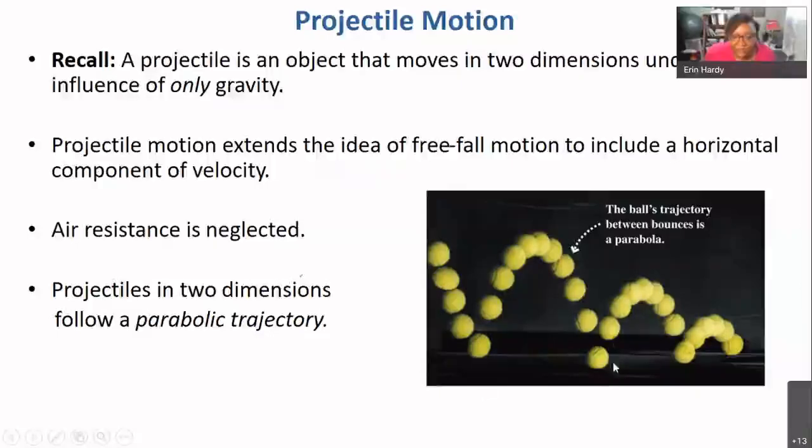And for the earliest parts of this conversation, let's not pay attention to the bounces, because that is an interaction between the floor and the tennis ball that's slightly different than the planet and the tennis ball. Let's just imagine what the tennis ball is doing in between bounces. It is traveling horizontally at the same time that it is changing its position vertically.